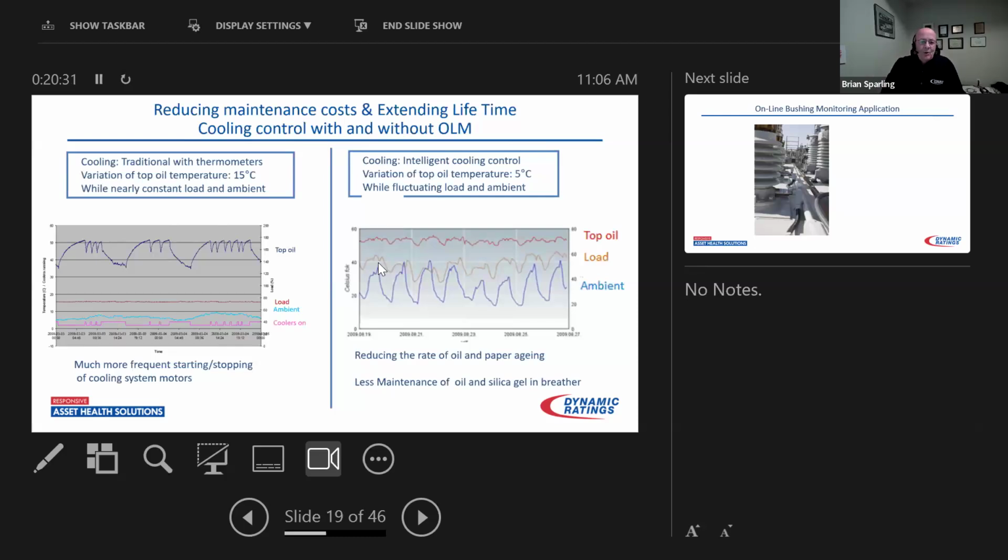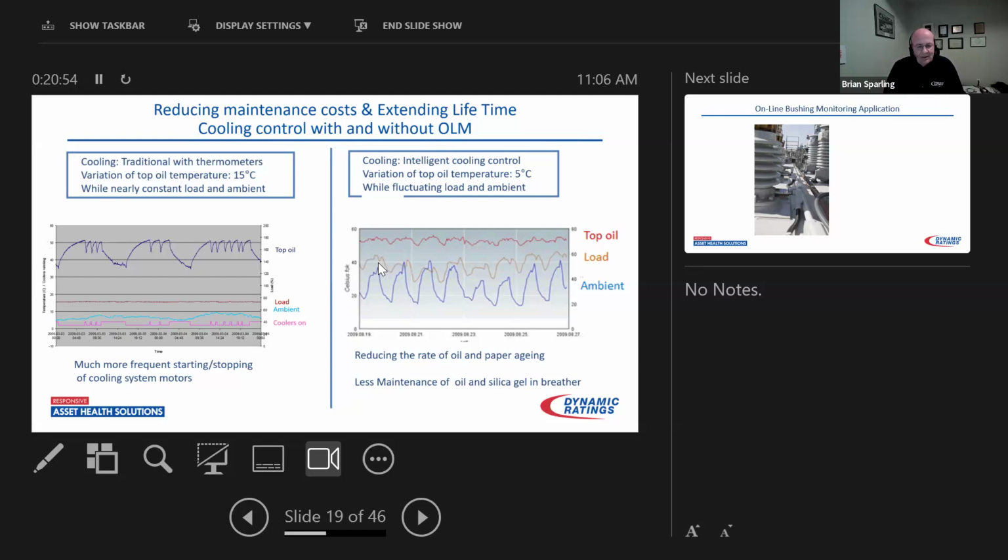So looking at the traditional way, you see top oil on the left-hand side with the traditional indicators, showing how much the top oil temperature varies with the conventional ones. Here you're looking at load, the red line, the blue line is the ambient temperature, and down below is the status of the coolers, on or off.